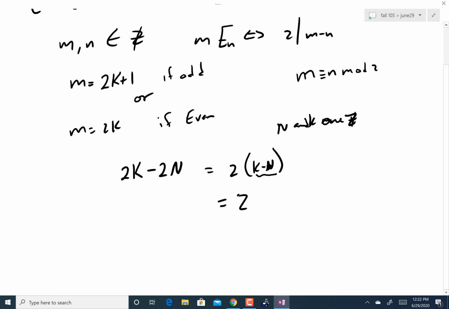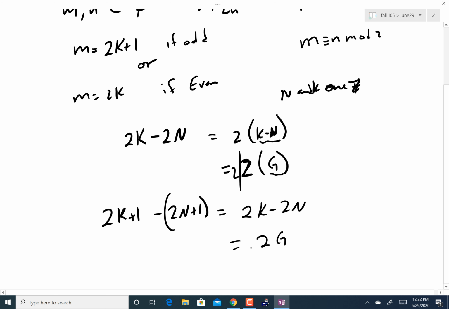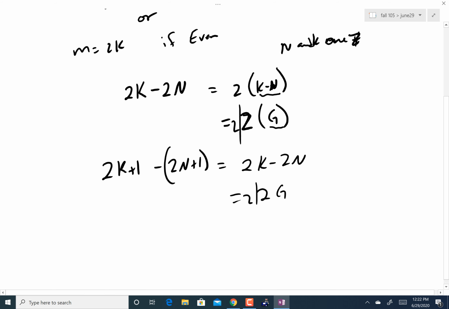So I could write that as 2 times, I don't know, big G, where this big G is an integer. And does 2 divide this? Sure does. If they were odd, it would be 2k plus 1 minus 2n plus 1. And when you subtract, you will get 2k minus 2n, which again can be written as 2g. And yes, once again, 2 divides 2g pretty clearly. So that's how you'd prove it.